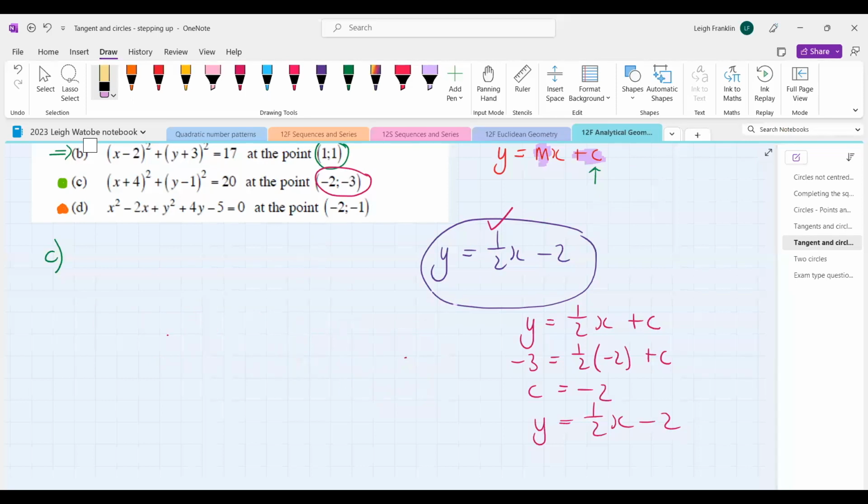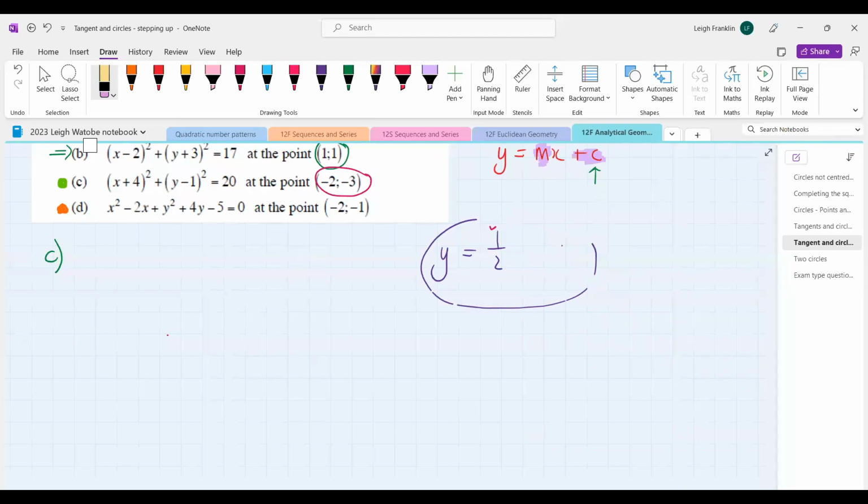We would have first had to do something. And that something that we would have first had to do is to get the coordinates at the center.